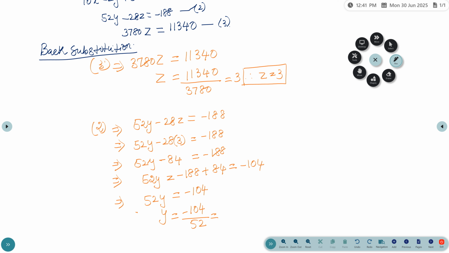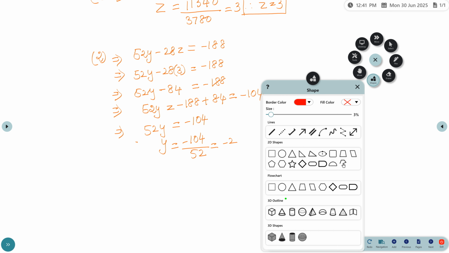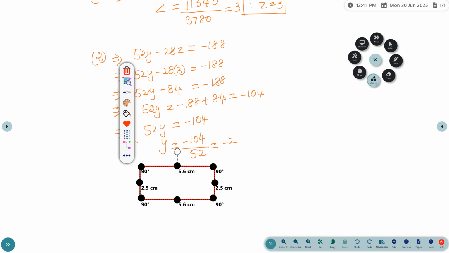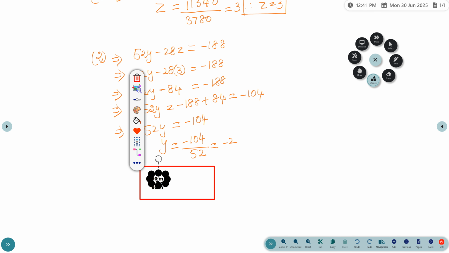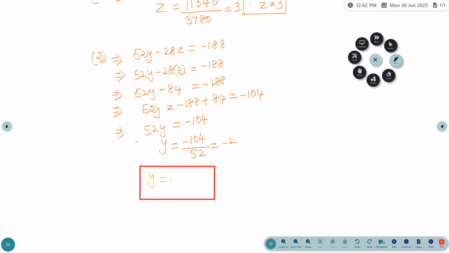Minus 104 by 52 is minus 2. Therefore y is equal to minus 2.